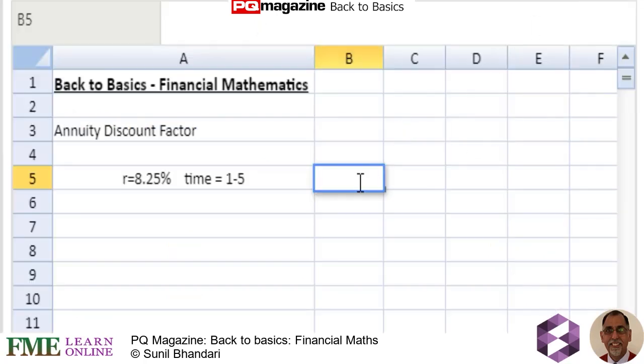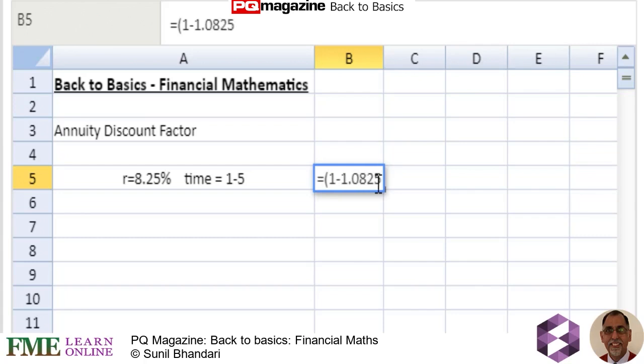Okay, so just got to be careful here. I press equals, I open a bracket, I take 1 minus 1.0825.